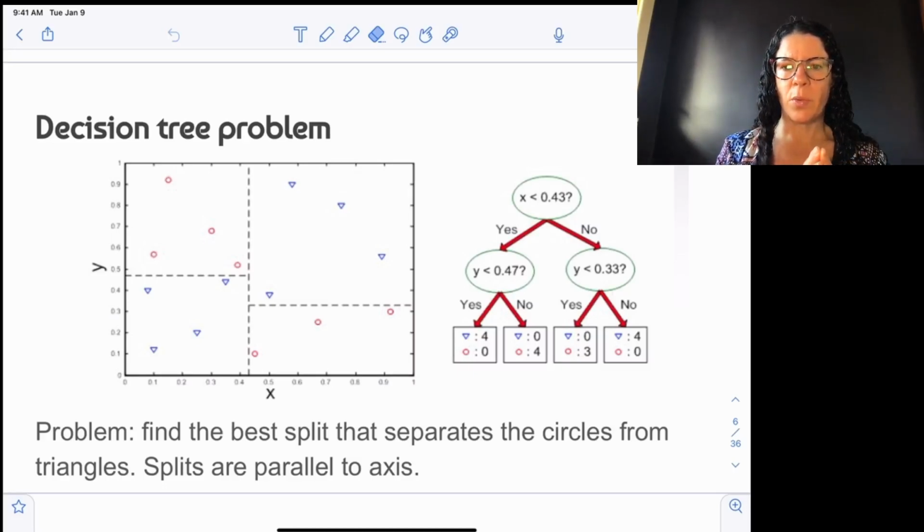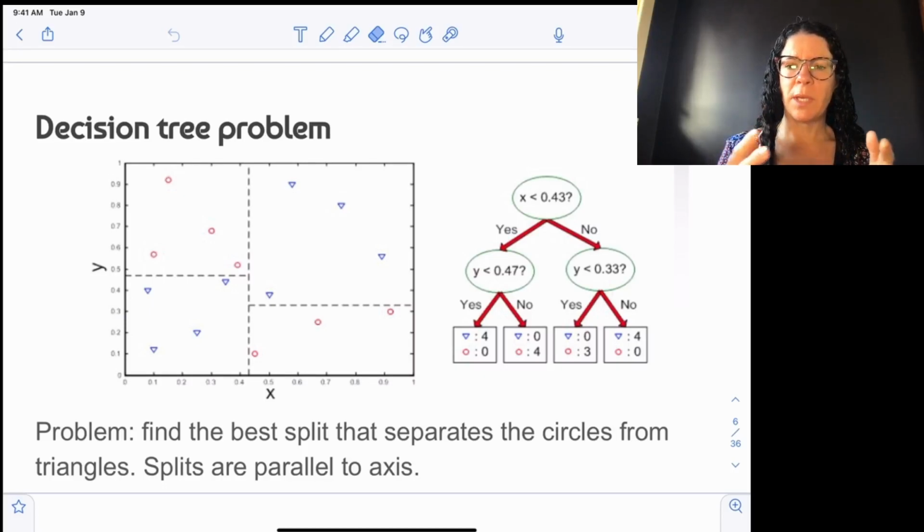Here in this example we split x into less than 0.43 or larger than 0.43, sorry. Then to the right, for x bigger than 0.43, we split y into less or larger than 0.33, and on the other side we split y at 0.47.